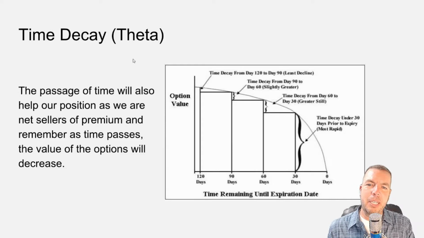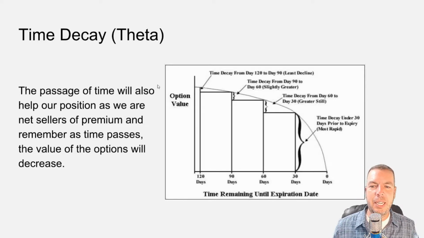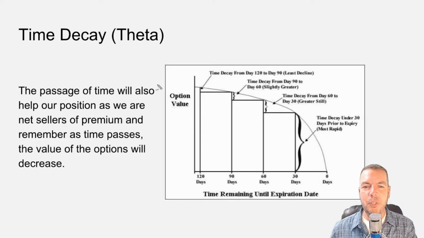Now, time decay. Remember, when we sell options, time is also our friend. We want that decay to happen as we sell those options. The passage of time will help our position as we're net sellers of premium, and as time passes, the value of those options will decrease.